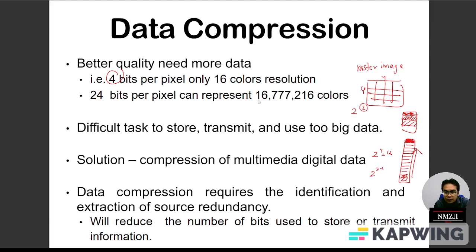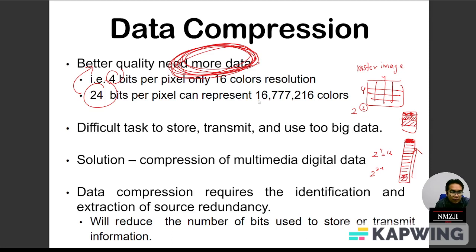16,777,216 types of color, meaning the more bits we have, the better quality we have for that particular image or graphic. But we need more data space, so that is a trade-off. So it is a difficult task to store.